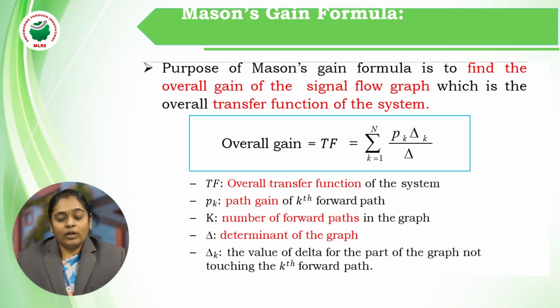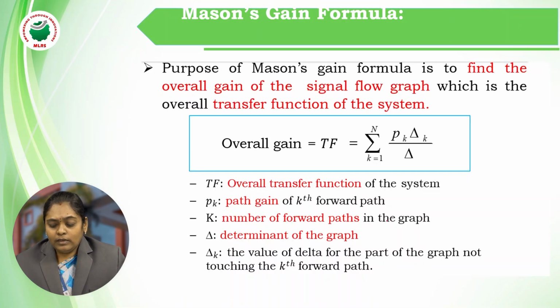So what is Mason's gain formula? The overall transfer function can be written as sigma of k equal to 1 to n, Pk delta k, by delta. Here Pk is nothing but the path gain. We need to write down the path gain for each forward path, and k represents how many forward paths there are for the given signal flow graph, and delta gives you the determinant of the graph.